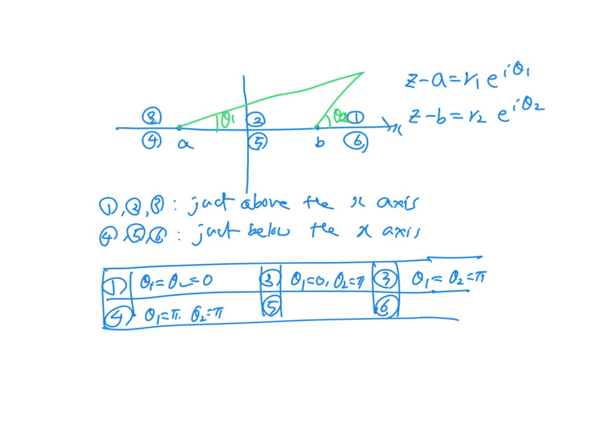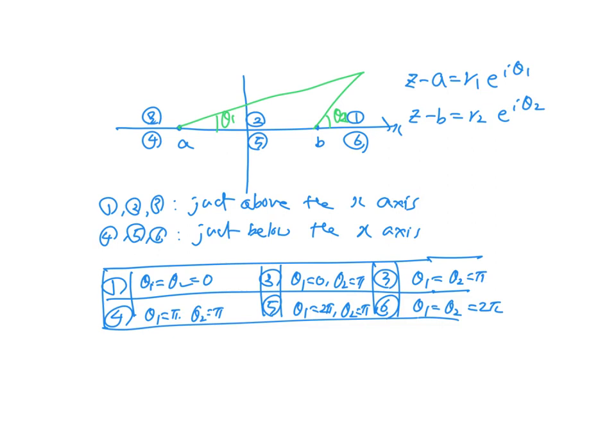How about 5? This is different because in this region, the angle from here is still pi, right? But from A, theta 1 becomes 2 pi. Theta 1 is 2 pi, theta 2 is pi. And region 6, of course, both angles are 2 pi.